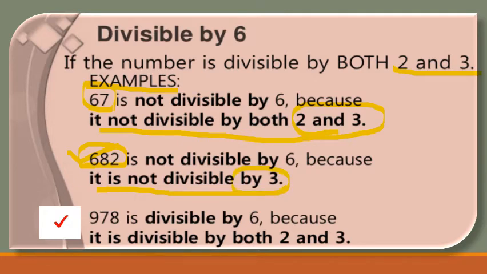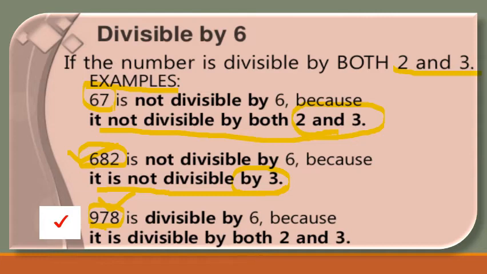In the third example, let us take the number 978. We will first check if the number is even. Yes, 978 is an even number. Therefore, it is divisible by 2. Next, we will check whether the sum of the digits is divisible by 3.